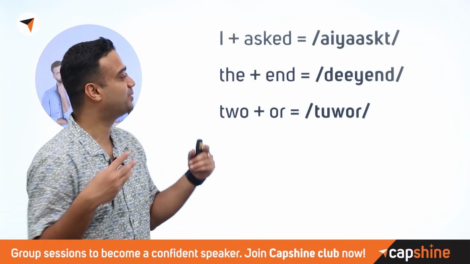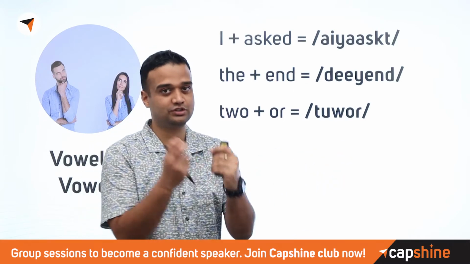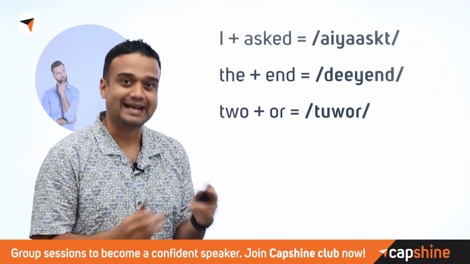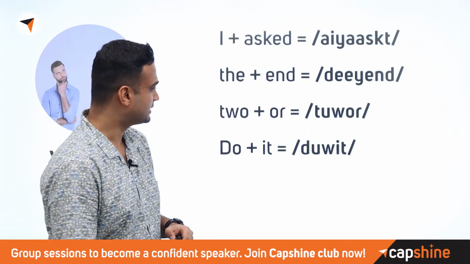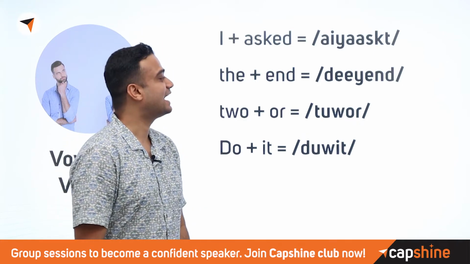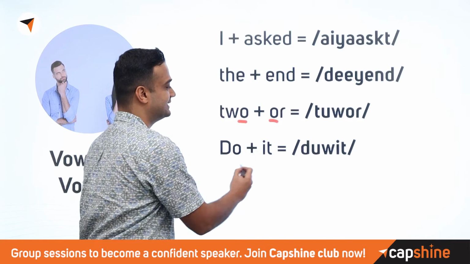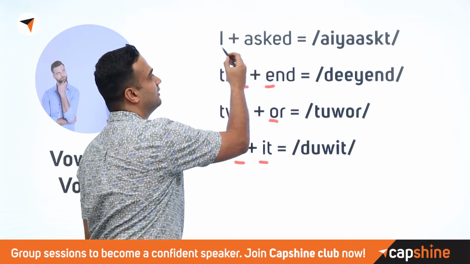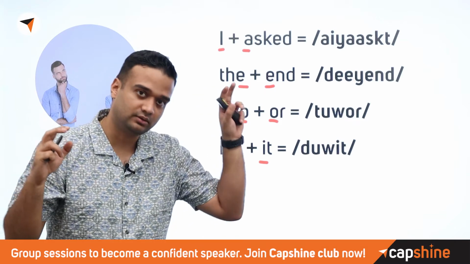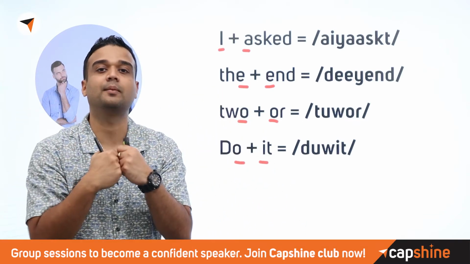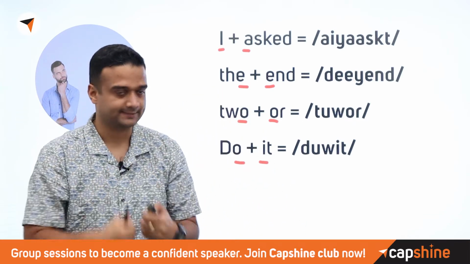Random examples, but examples of how they can be used to create that connected speech. Do it becomes do it, right? So what you notice, of course, is that the verb or the vowel sounds, the ending and the beginning come together and they are linked.